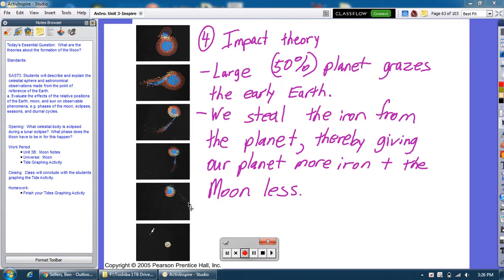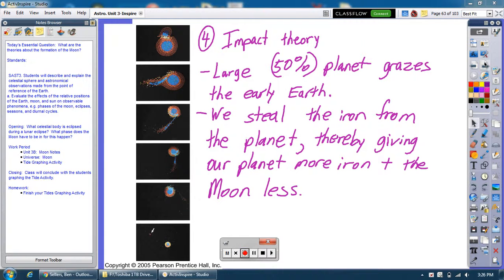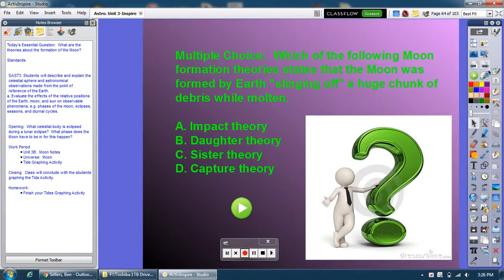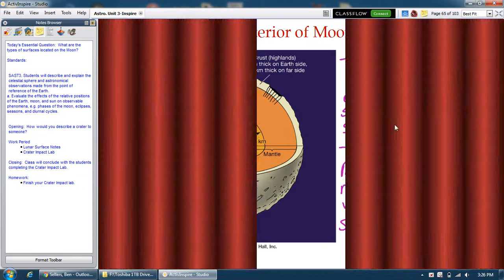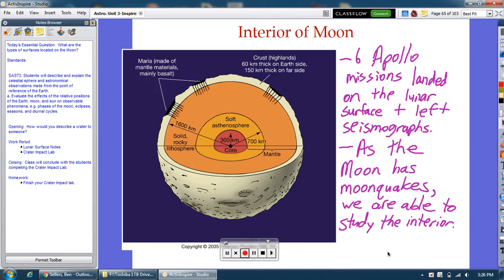Now, compositionally, this really works out when we get to the lunar missions. Like I was just saying, when the Apollo missions landed, the legs of the lander were left behind, and these landers had seismographs in them.